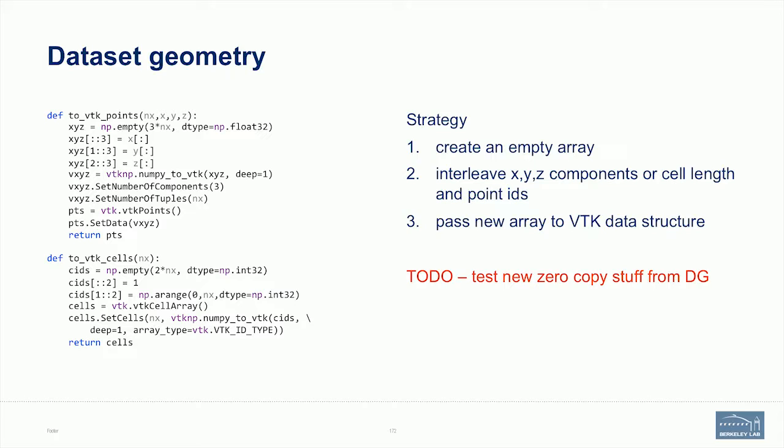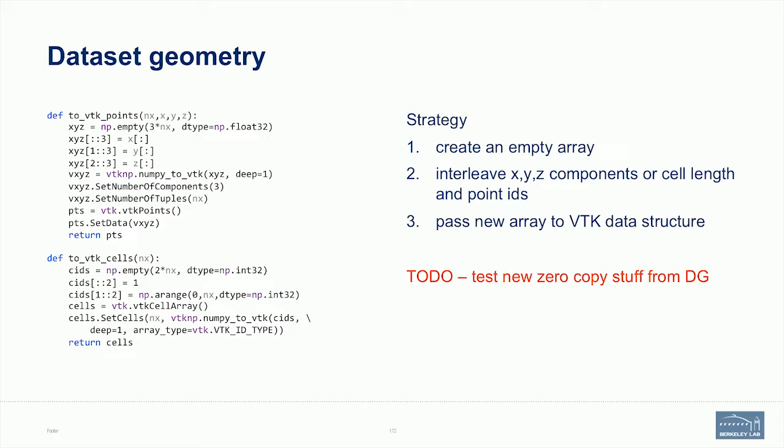You could set that parameter to 0, and it will do a 0 copy. There are also some optional arguments that tell VTK how to deal with it, if it owns it or you own it. Again, I just did deep copy because I haven't had time to test out the latest stuff. I tell VTK it's 3 components, and this is the length, nx. And I create a new points object, and I pass that VTK array into the points object as the data, return it, then I can stuff it into my polydata.